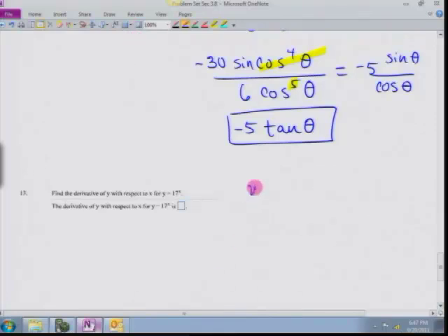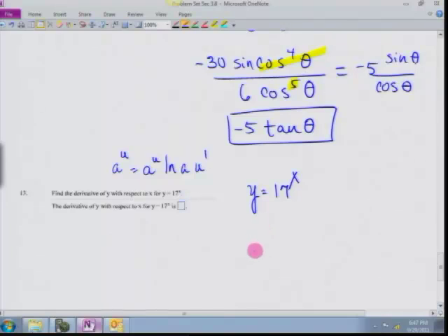17 to the x. What's the rule for that? That's one of those first rules we got. That was the a to the u. The log of 17.